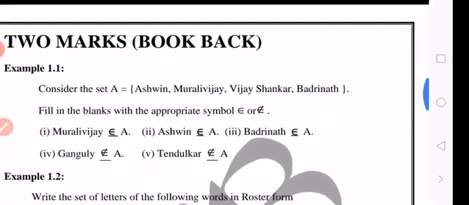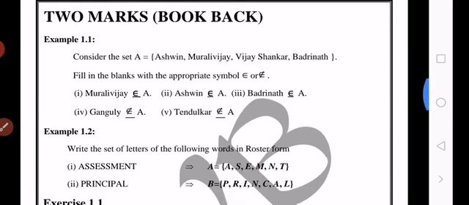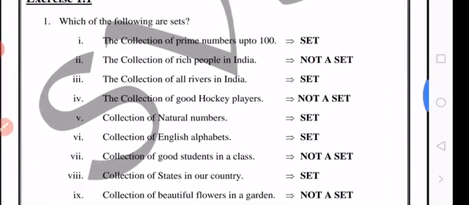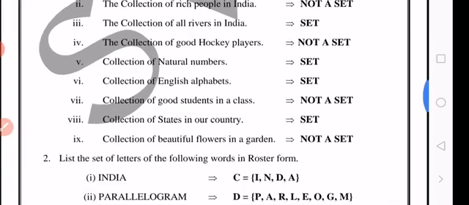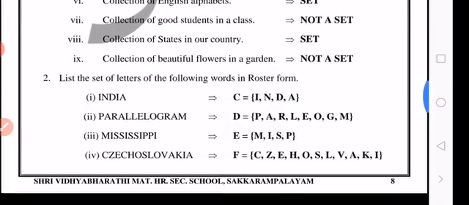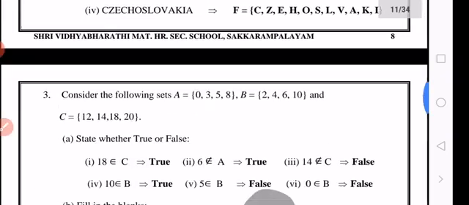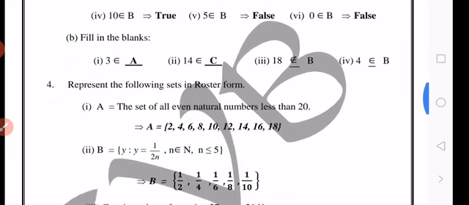Look, we write the note, all the sums without fail. First 2 mark, we ask set notations in example 1.2. After that, in example 1.1, which of the following are sets. In the first class we discussed all the answers, so we check them. The second one, list the set of letters of the following words in roster form: India, parallelogram, etc. And the third one, true or false.